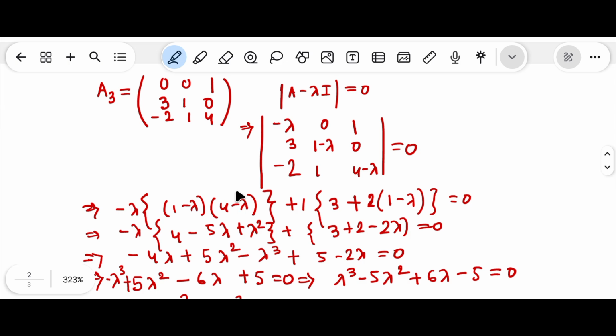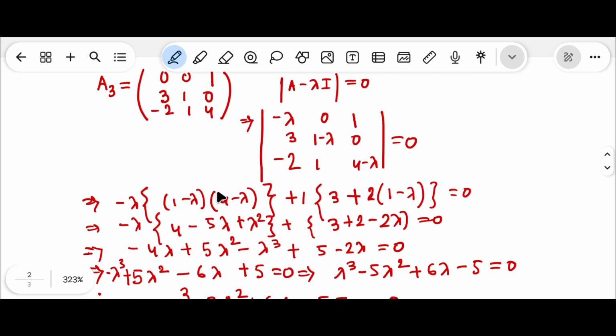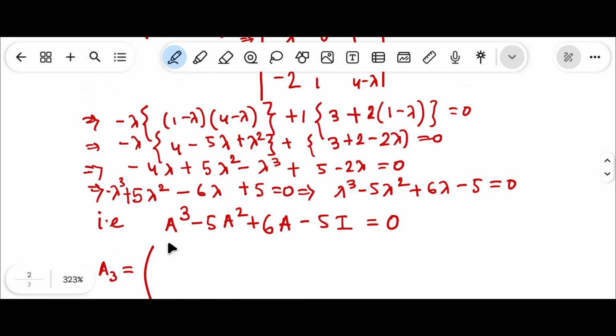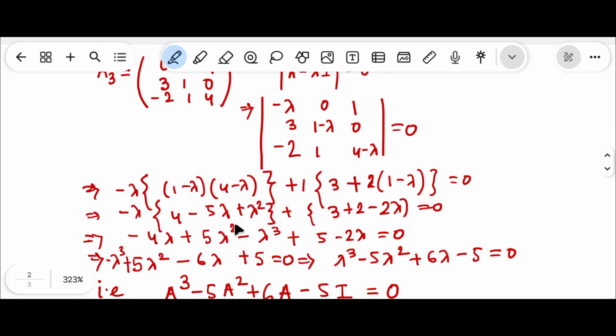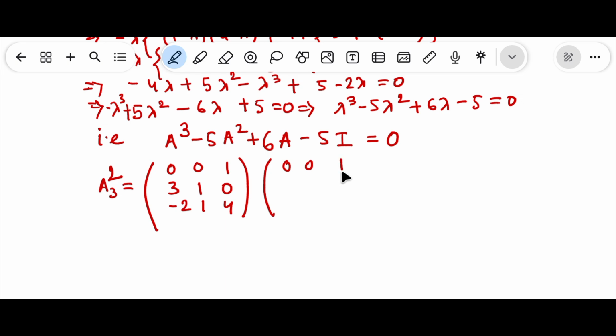Let us write down our matrix again. Our matrix A3 is [0 0 1; 3 1 0; -2 1 4]. Let us find A3 squared, that is this matrix times itself.